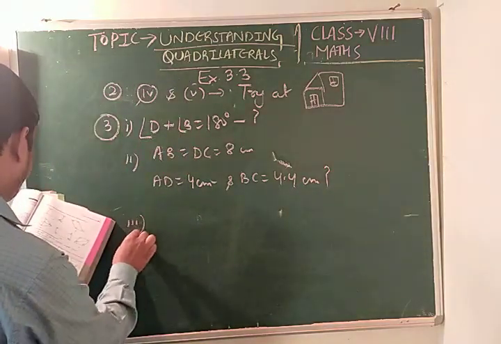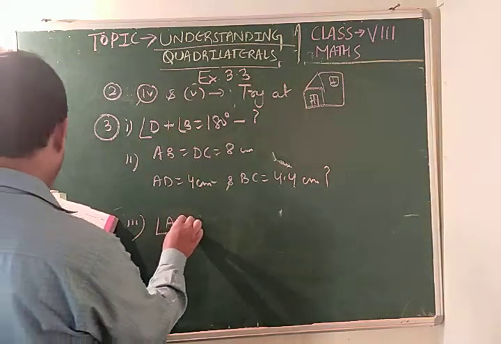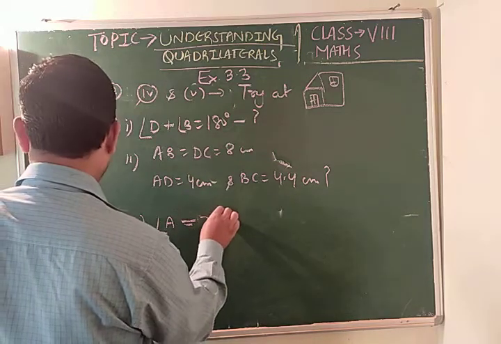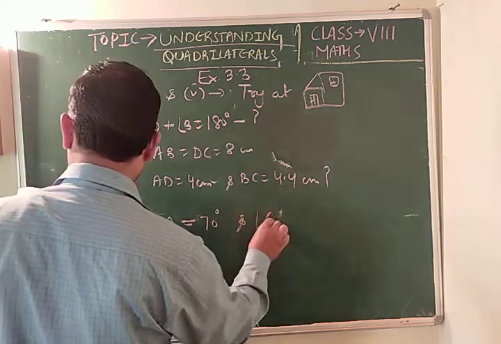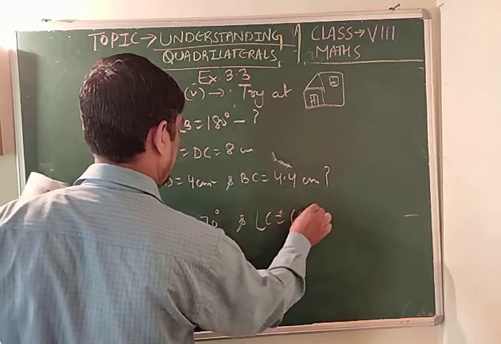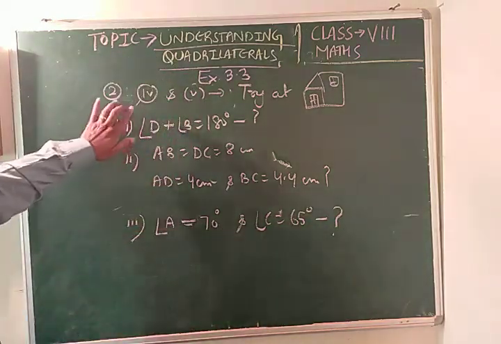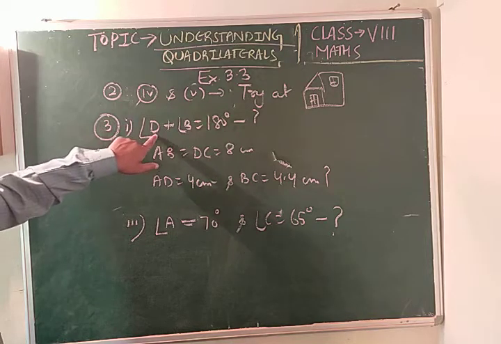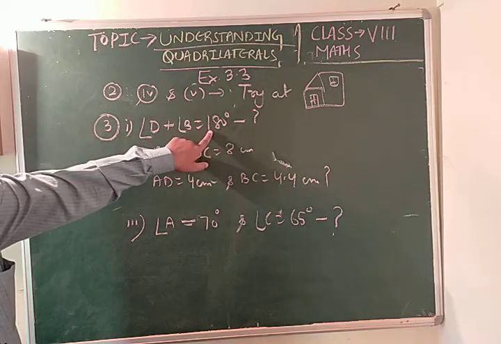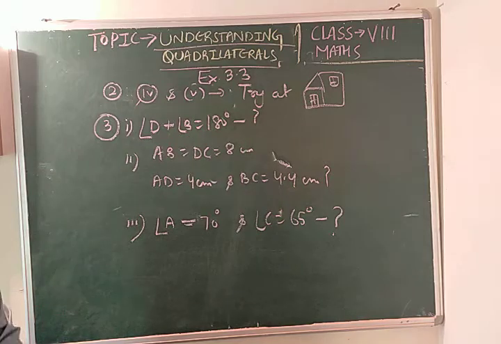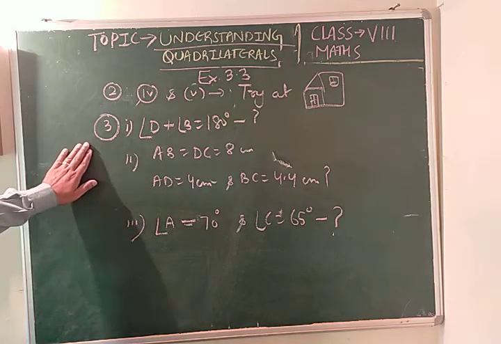Third part, angle A equal to 70 degree and angle C equals 65 degree. Now children, you have to tell, is it possible? Angle D plus B is 180 degree, then it is a parallelogram. Now you can recall the property, whether it's possible or not. Children, you can use the property to give the answer of these questions.